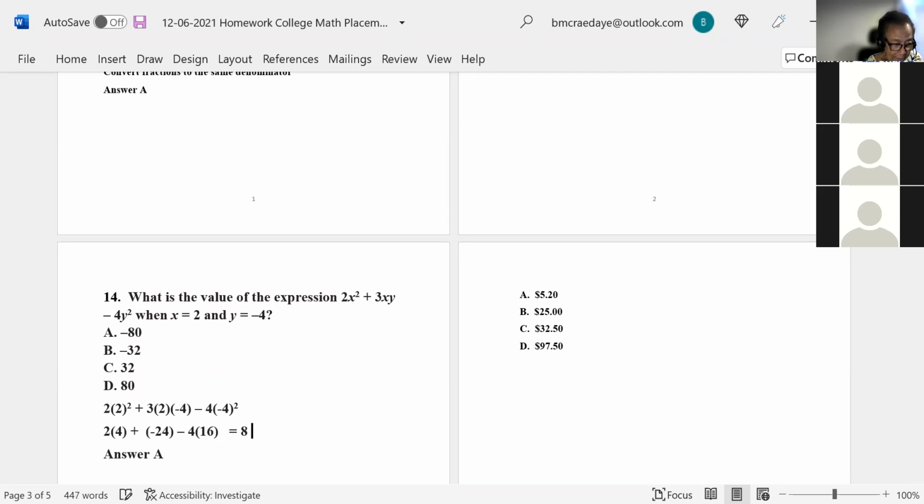So we have 8 minus 24. And what's 4 times 16? 32. 2 times 16 is 32, but 4 times 16 would be double that. So what would it be? Yes, it would be 64. That's right, 64.